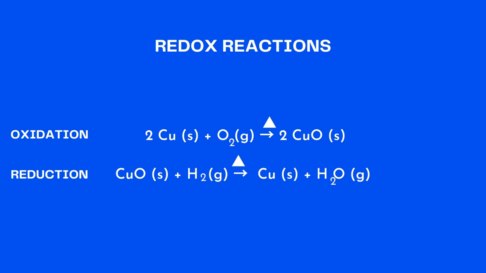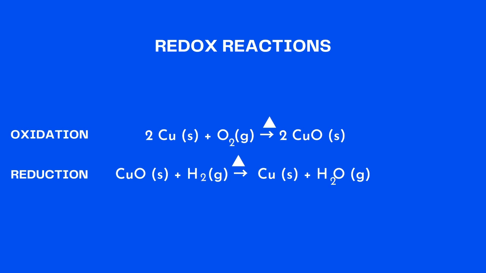Next we see redox reaction. So basically we heat copper. This copper reacts with the atmospheric oxygen to form black colored copper oxide. When this copper oxide is reacted with H2, we get the same copper back, that is the reddish brown copper, with H2O. What is this reaction? What do we see here?